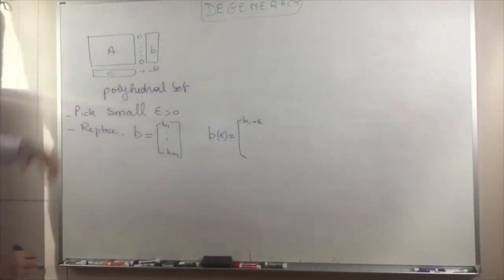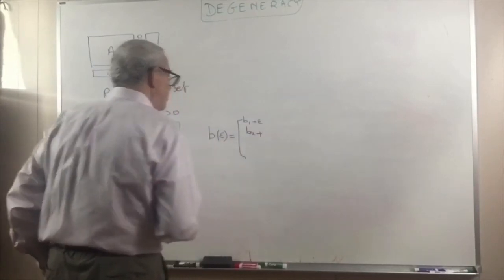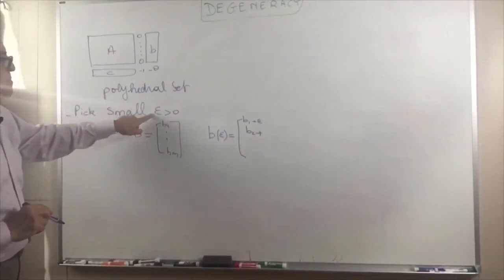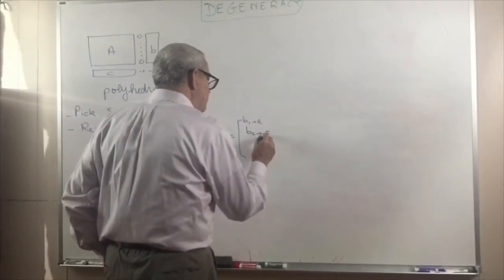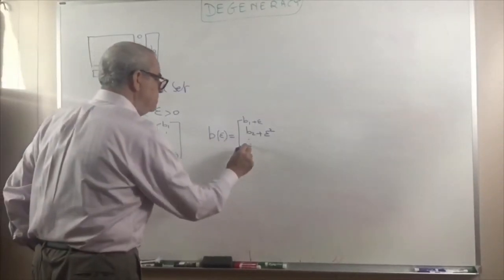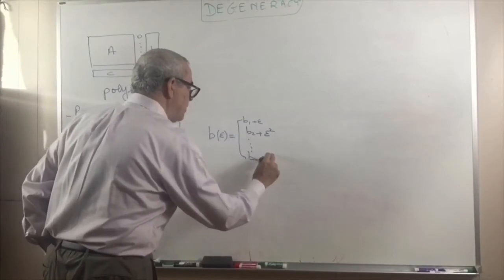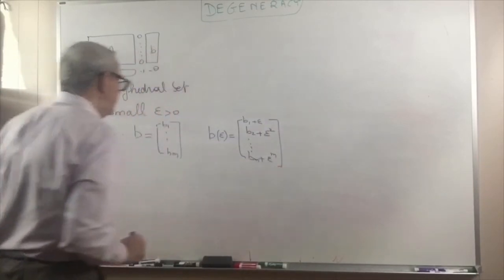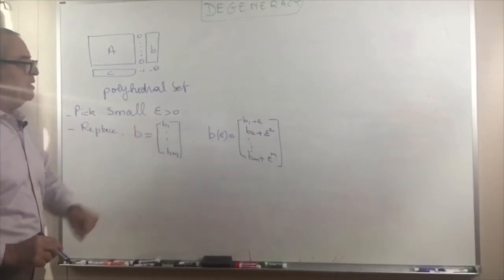Now the second hyperplane, I'm not going to move it with the same epsilon. I'm going to move it with something different, like we did before. I'm going to move it by epsilon squared, etc. To the last one, I'm going to move it by epsilon to the power m. So I made a perturbation to the right-hand side, and this is the perturbation.